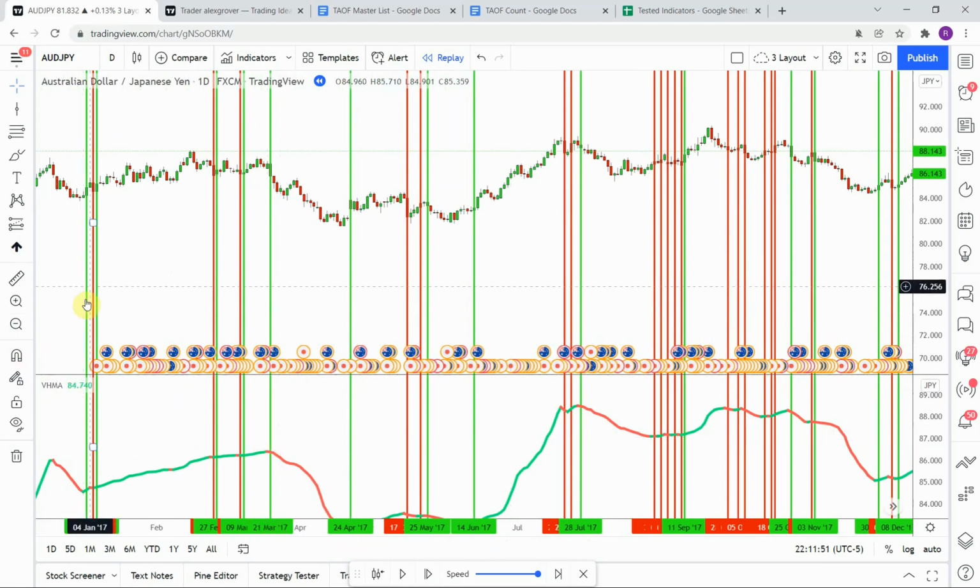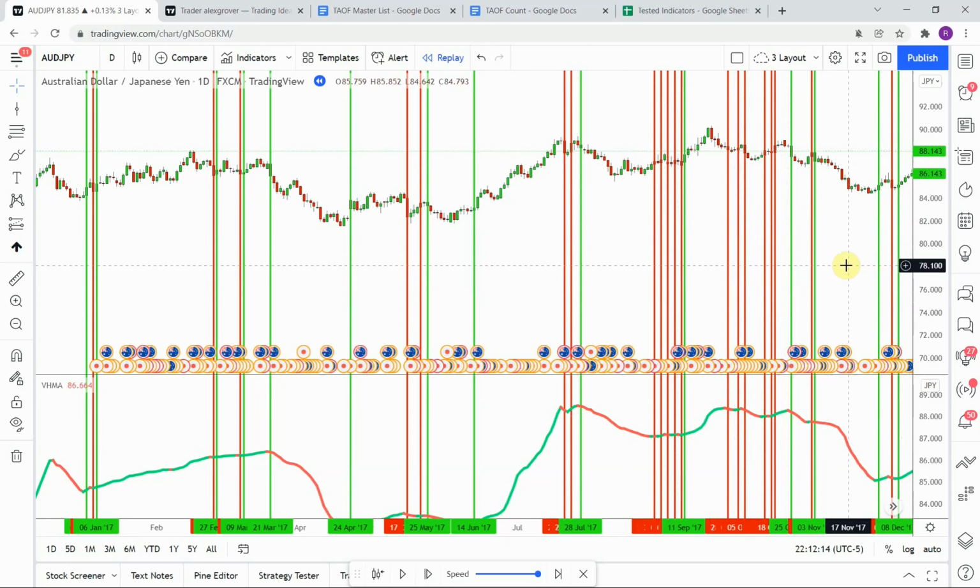So we have 1, 2, 3, 4, 5, 6, 7, 8, 9, 10, 11, 12, 13, 14, 15, 16, 17, 18, 19, 20, 21, 22, 23, 24, 25, 26, 27, 28, 29, 30, 31, 32, 33, and 34.